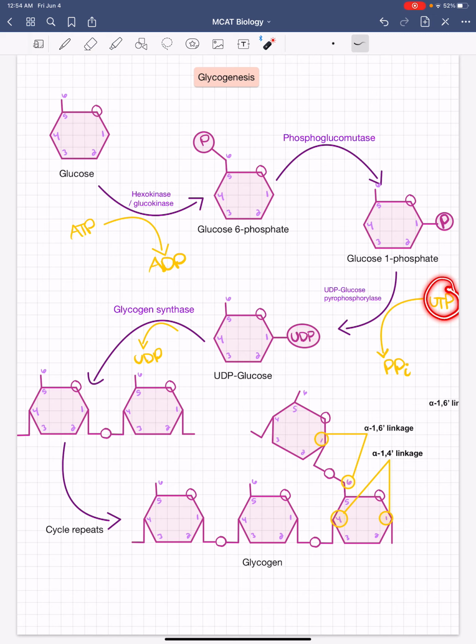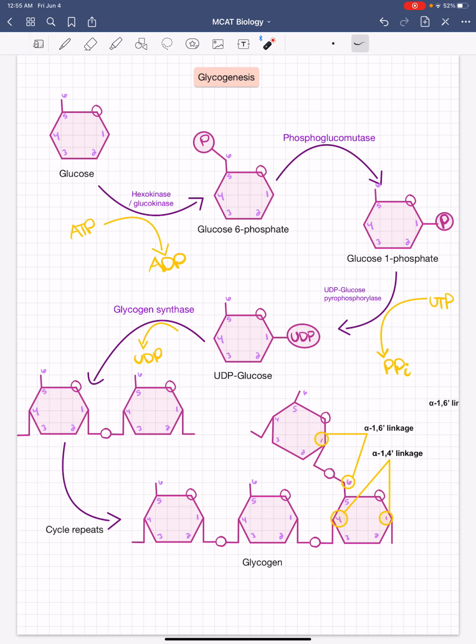meaning it has 3 phosphates, is equal in energy to ATP and ends up donating 1 phosphate group as well as uridine to carbon 1, making the original phosphate into UDP, uridine diphosphate, di meaning 2.